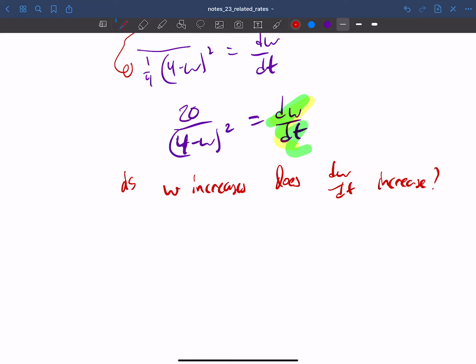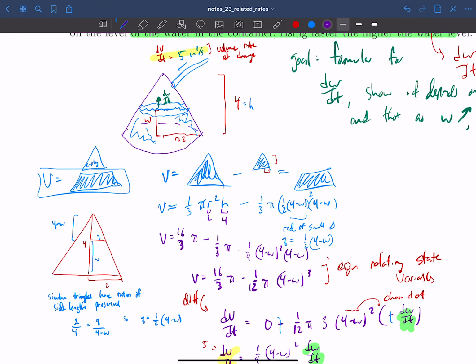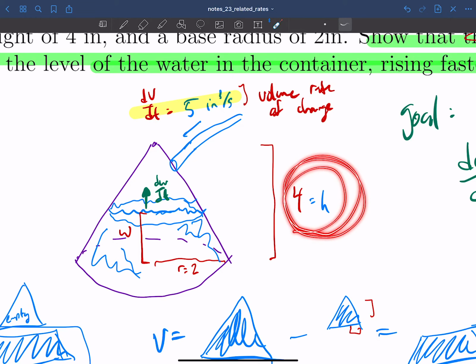Well, here's a way that you could think about that. As w increases, w has to be less than or equal to 4, because that's the design of the tank. The tank can't hold more than 4 units of height of water.